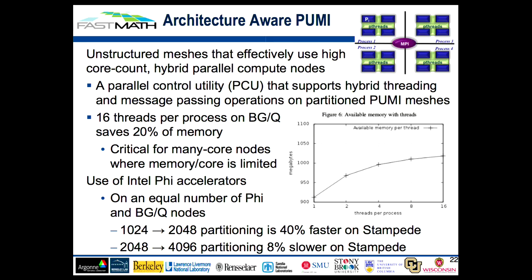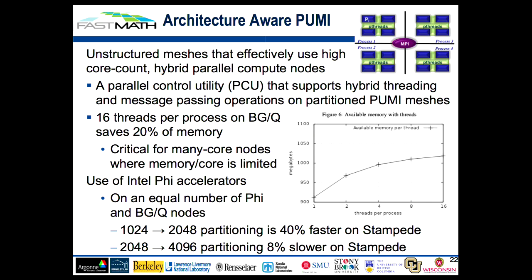We have also been doing specific architecture aware work to start dealing with the fact that we have either heterogeneous nodes or certainly many core nodes. This is some preliminary results. I'm actually not going to go over this particular part.